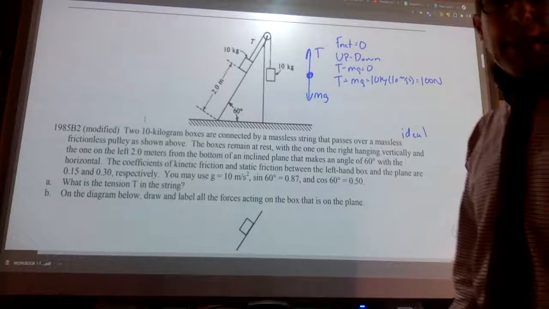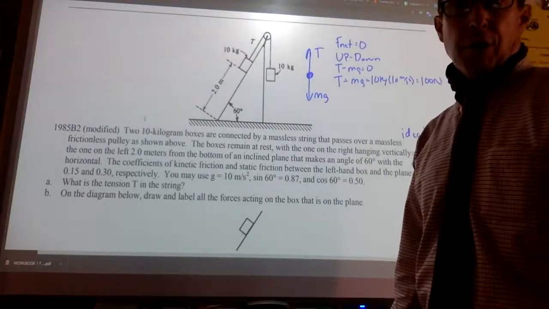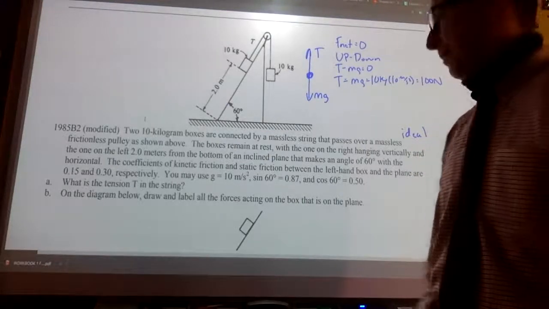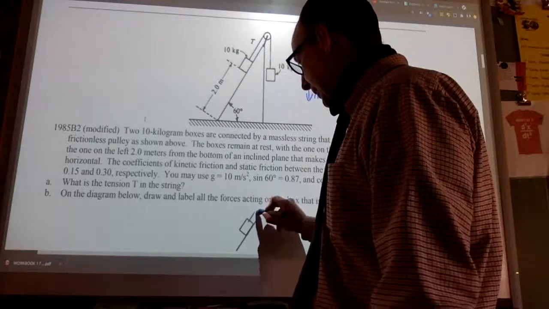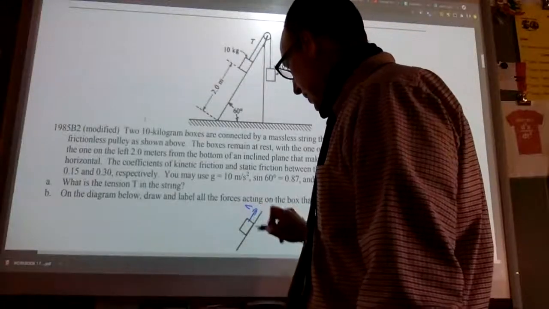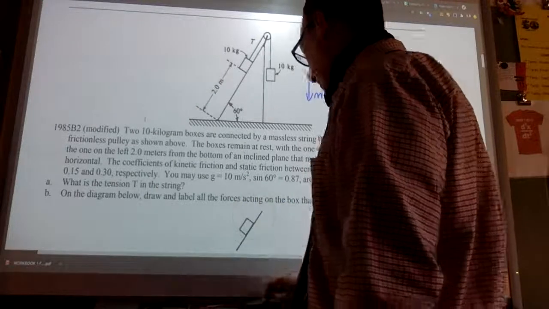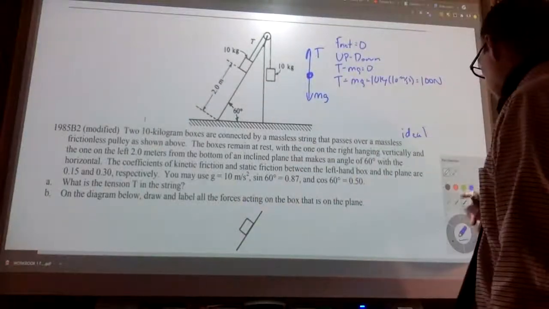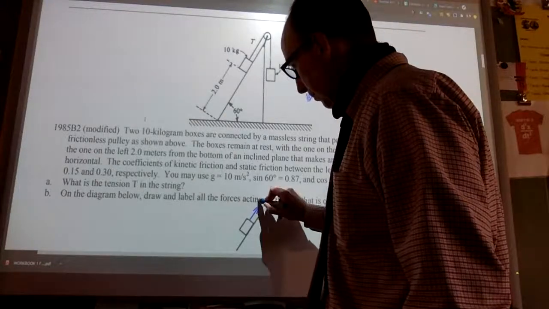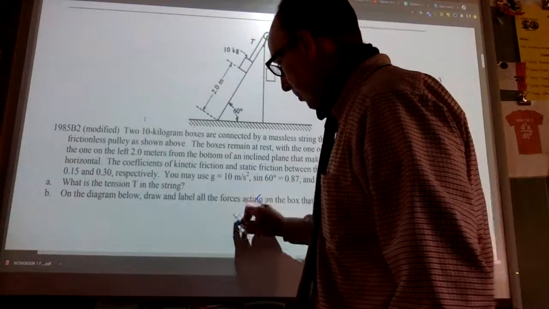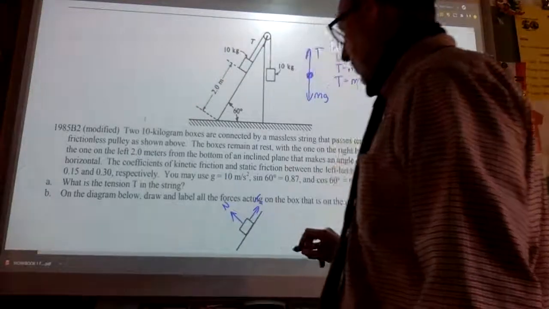All right, part B. On the diagram below, draw and label all the forces acting on the box that's on the plane. So this box has tension in the direction of the incline, parallel to it. It has normal, perpendicular.